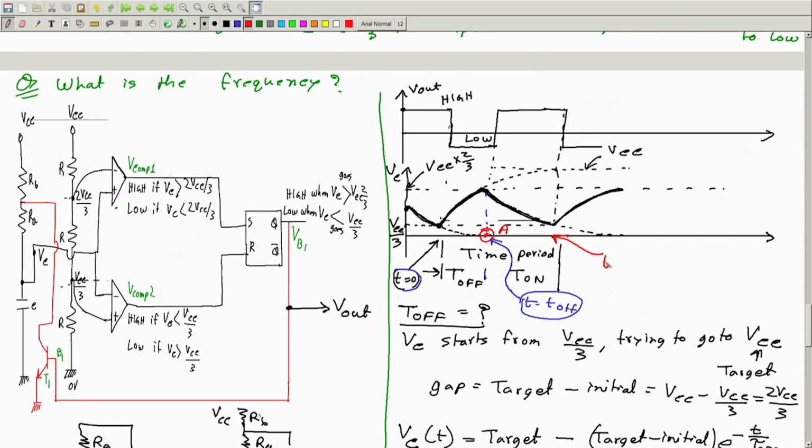Now let us call this time t equal to t on, starting from this value. So this is the time t equal to t on. My target is to find this value, because I want to find this gap, this on time, and for that I have to find the instant when this goes down to VCC by 3.